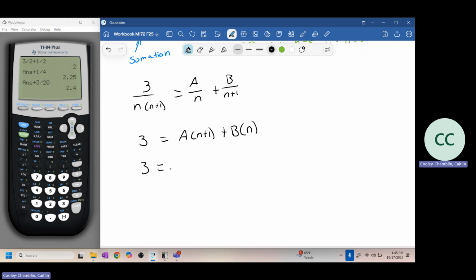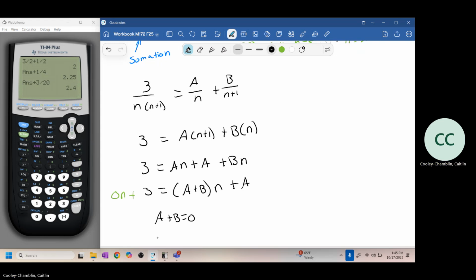So we have 3 equals an plus a plus bn. So 3 equals a plus b, n plus a. Now, really, we have a 0n plus 3 here. It's just, we don't see it. So what I get is a plus b equals 0 and a equals 3. Well, if a plus b equals 0, but I know a is 3, that means b has to be -3.